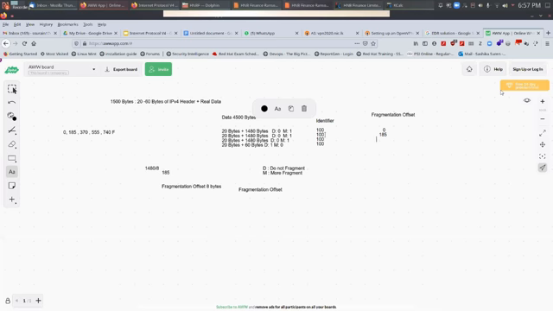So 0 to 185 is the first packet markup, 185 to 370 is the second packet markup, and likewise. The third one is 555. From 555 onwards until the end is the fourth markup. So you can see now you have different markups, which we call fragmentation.